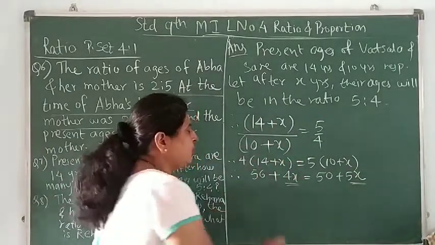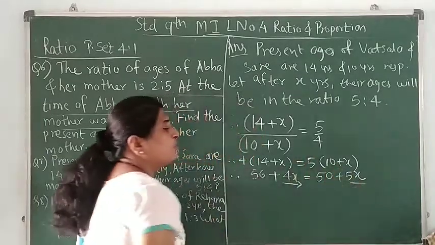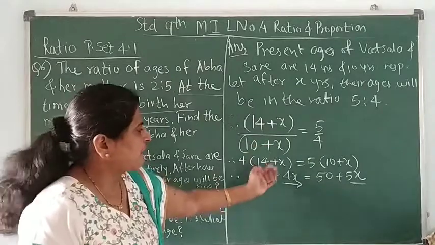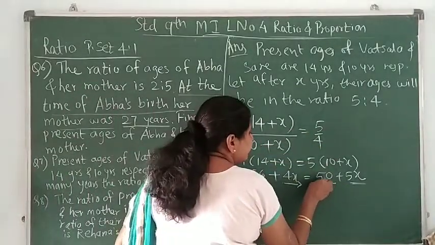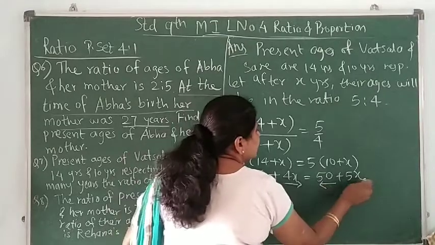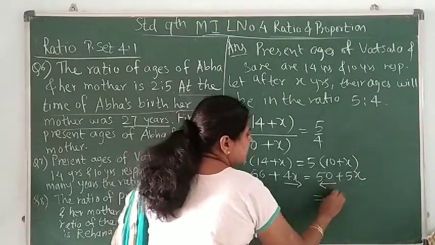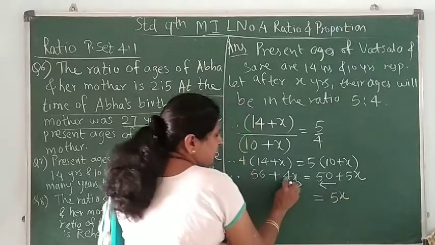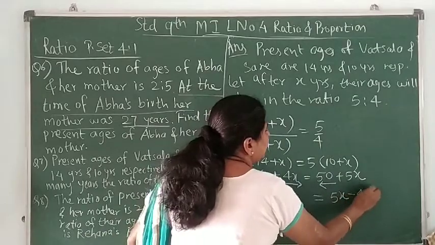Means here what we will do, we will take 4x to the other side. We will transpose 4x to the left side, and therefore we have to transpose this 50 to the left side. So this part is the bigger variable, we will keep here as it is. So 5x we are going to keep here, and 4x, which is positive over here, is going to be minus or negative.